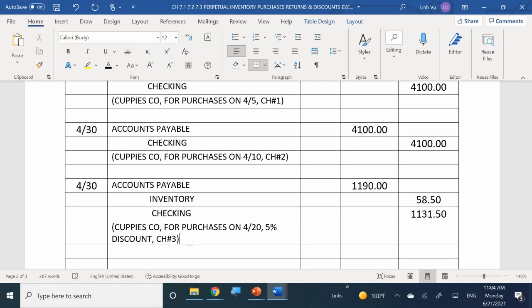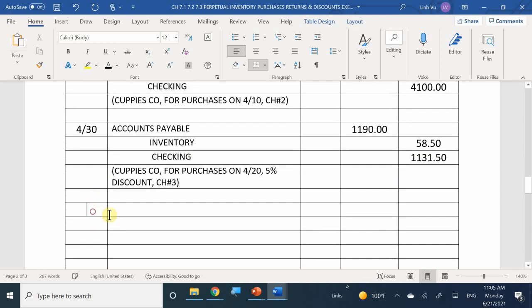In this case, we took the amount of 1220, the original amount, minus the returns and allowances of $30, to give us 1190. But we can't discount $20 of it because it's freight. You can't discount freight. So our amount that we can discount is 5% off of 1170. And that's how we take it out. Since we're not making a payment for the 1220 or the 1190, we're only making a payment for 1131.50.